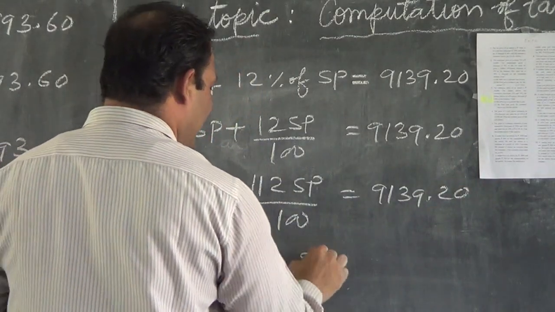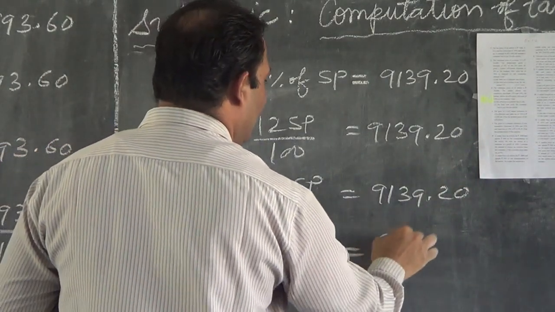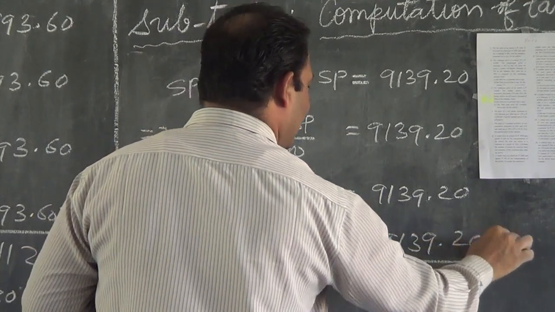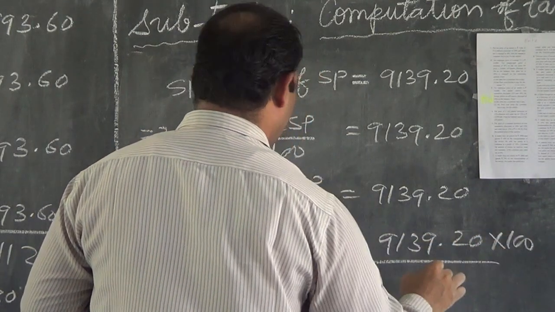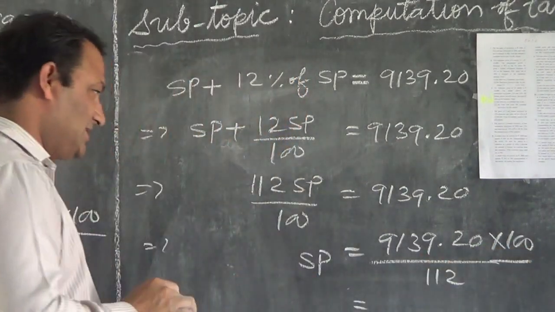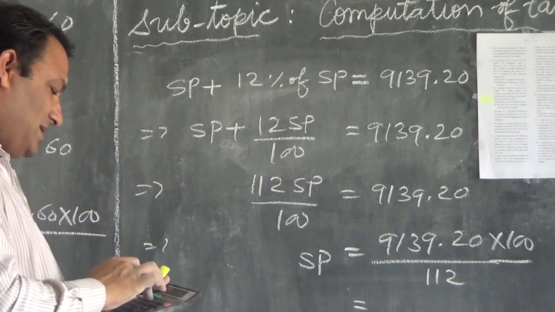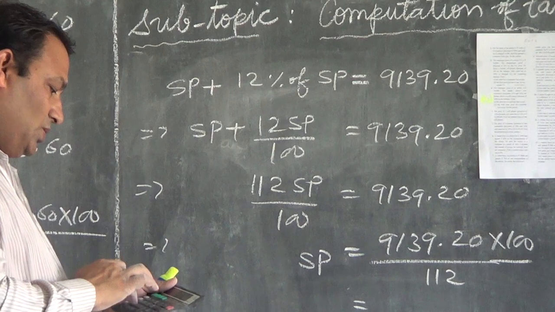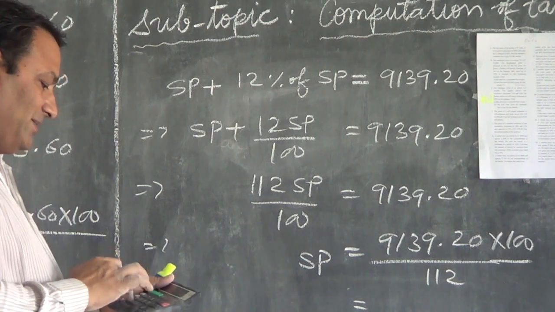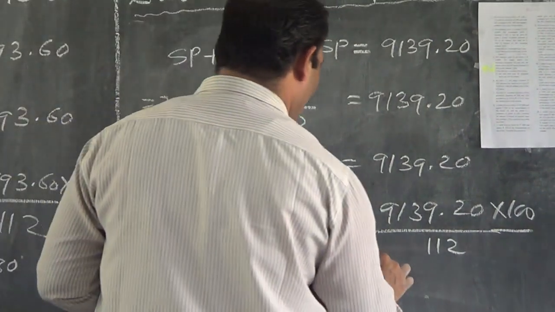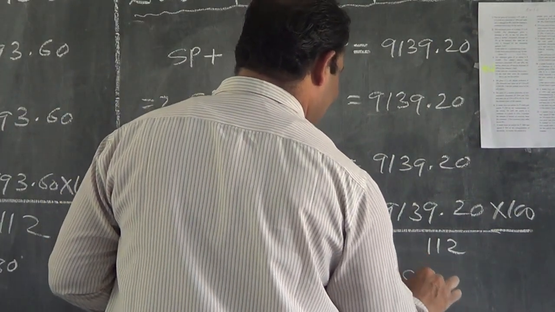Then SP equals 9139.20 into 100 divided by 112, and this will give us the SP. 9139.2 into 100 divided by 112, that is 8160.